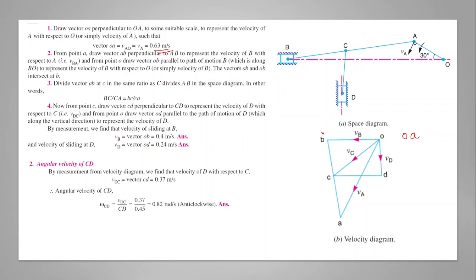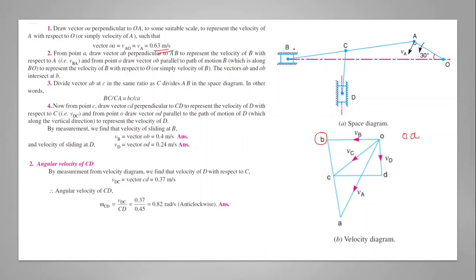But we cannot fix this point B, because that magnitude of velocity is unknown. But again, the velocity of B, velocity of slider with respect to O, is always in the horizontal direction, because the motion of this slider is in a constrained manner, where the slider can only move in the horizontal direction.